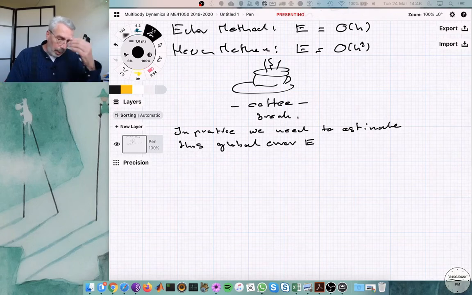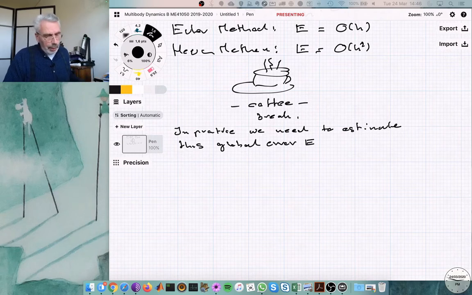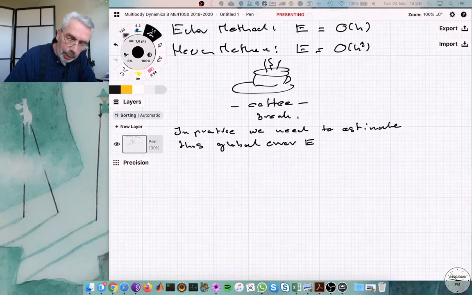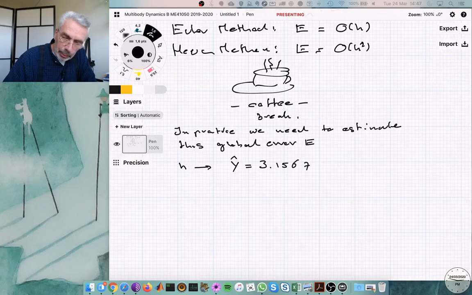And how do we do that? Well, let's first start with the intuitive way. Suppose you take some step size h, and with that step size you determine the solution. I put a hat on it because it is an estimate of the solution. Let's say the estimate is 3.156728.